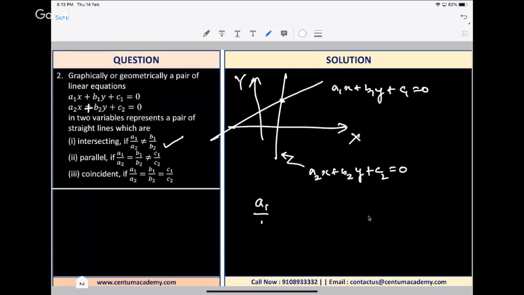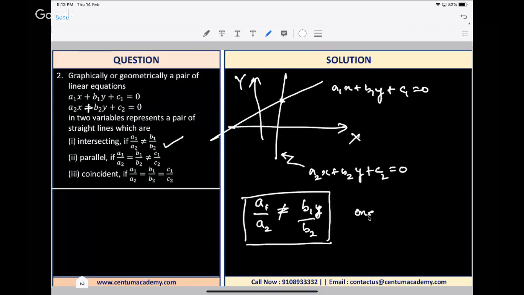The criteria is a1 upon a2, that means the coefficient of x in the first equation divided by the coefficient of x in the second equation, must not be equal to b1 by b2. So this is the condition for a unique solution, one pair of solution.